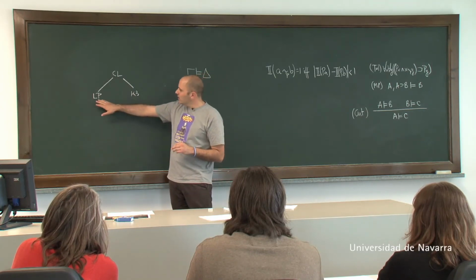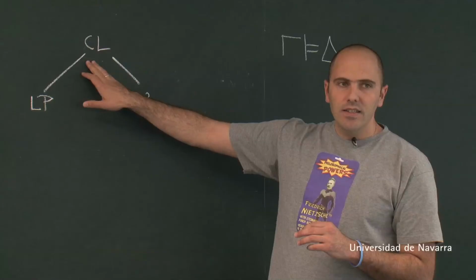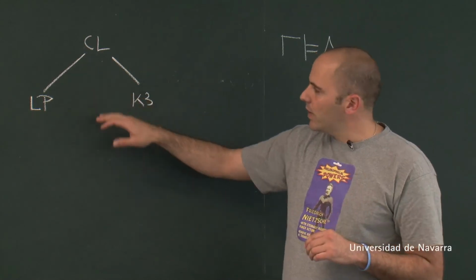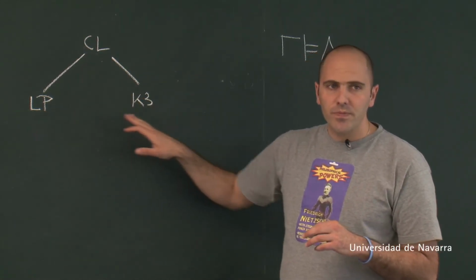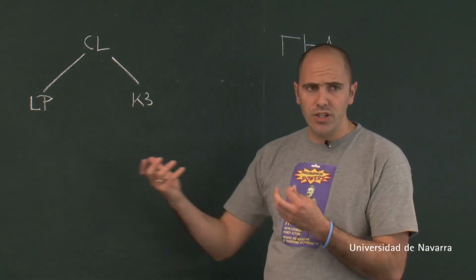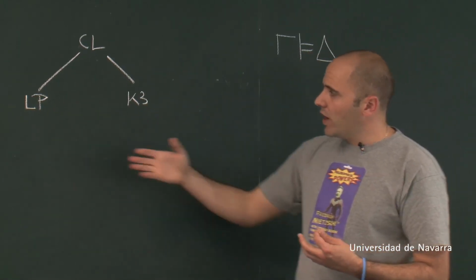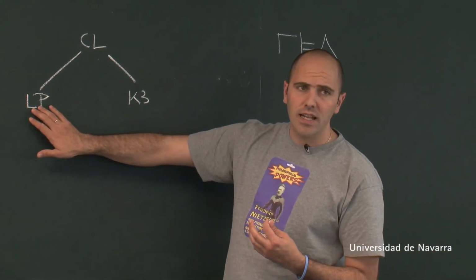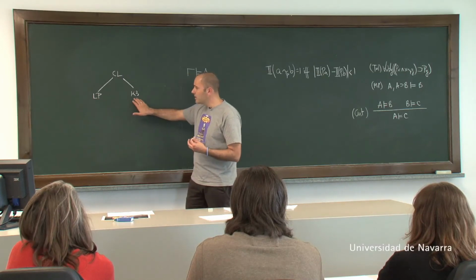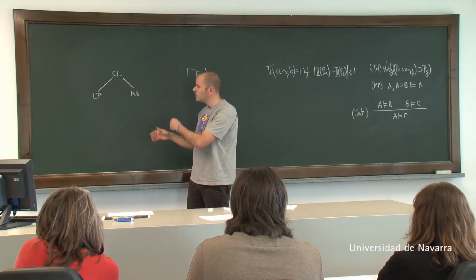We explained how classical logic is self-dual. LP and K3 are each other's dual, and so any inference that is valid in one is valid in contraposed form in the other.